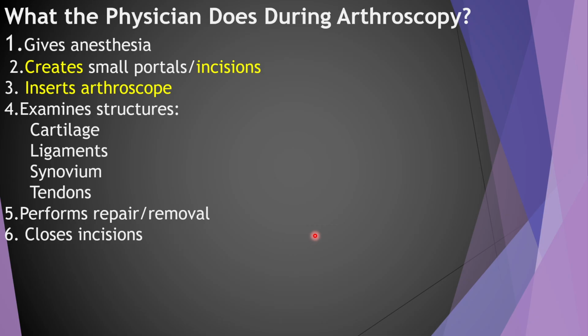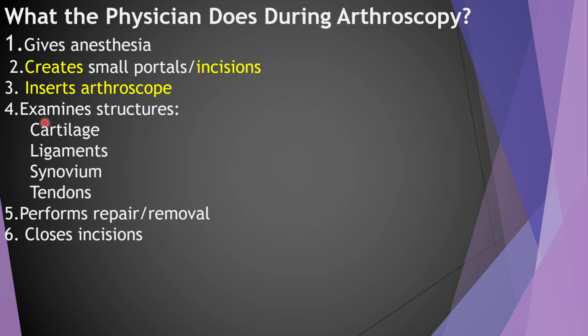So what will the physician do during the arthroscopy? During the arthroscopy, the physician will first give the anesthesia, and after that he will make a small cut called portals, and insert the arthroscope, that is the camera, and pump sterile fluid into the joint for better visibility, and examine the structures inside the joint.